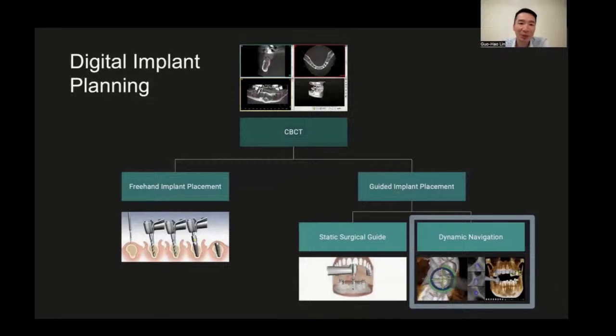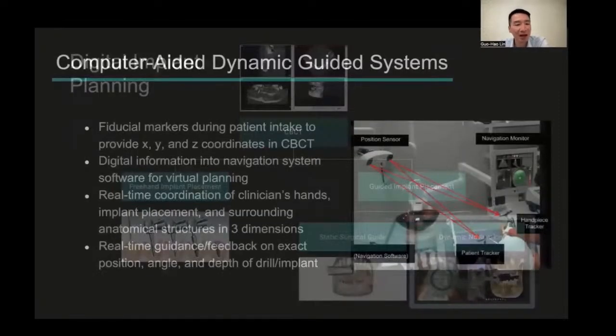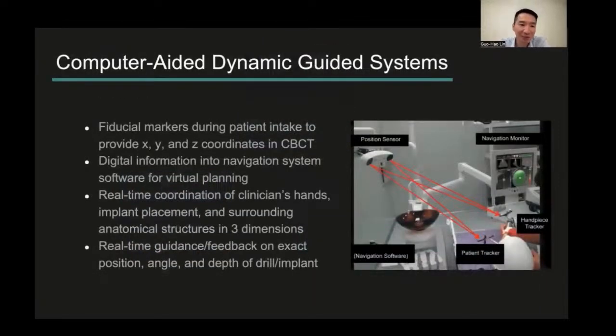As we all know, with the help of CBCT scan, nowadays we are able to really do a guided implant placement compared to the traditional freehand implant placement. You probably already learned a lot about static guided surgery from Dr. Jing-Wei. So let's focus on the dynamic navigation system right now. So how does this system really work? First, we have to fabricate fiducial markers during our patient intake to provide X, Y, Z coordinates in CBCT.